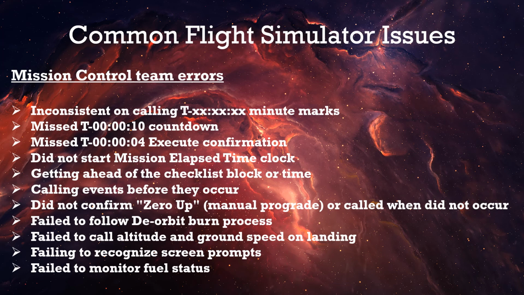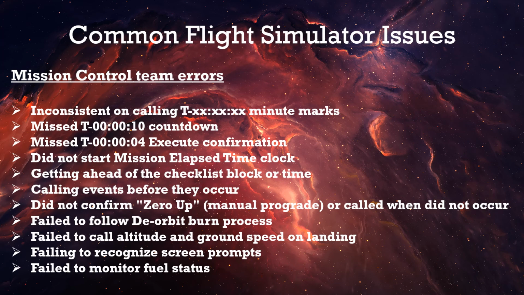The recommended time frame is if you're above 10K in altitude, then we recommend that you call it out every 5,000 meters. If you're below that, we recommend you call it out every 1,000 meters. That way, it keeps the mission commander, who is manually flying, from having to constantly move his or her eyes to look for altitude and airspeed.